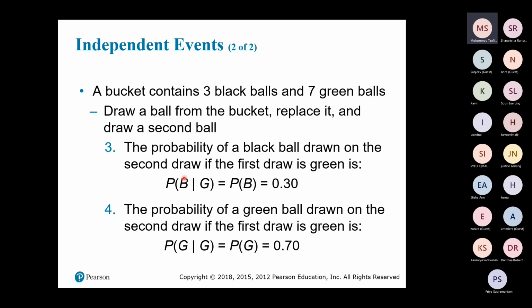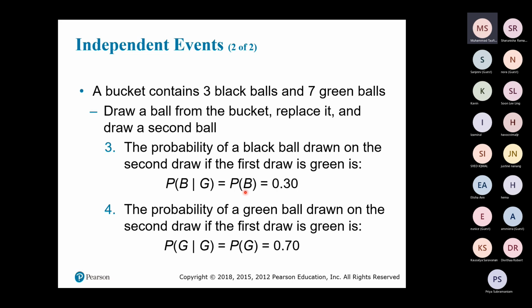So this is the conditional probability: the conditional probability of getting a black ball after getting a green ball is the same as the probability of getting a black ball in the first place.